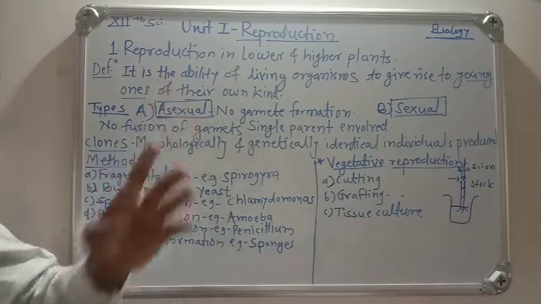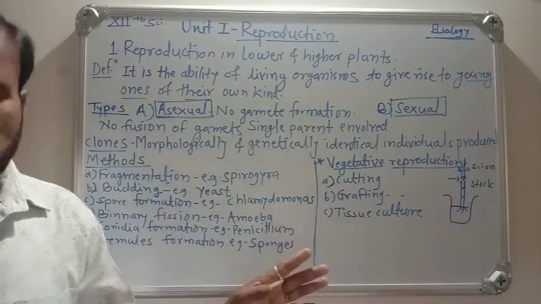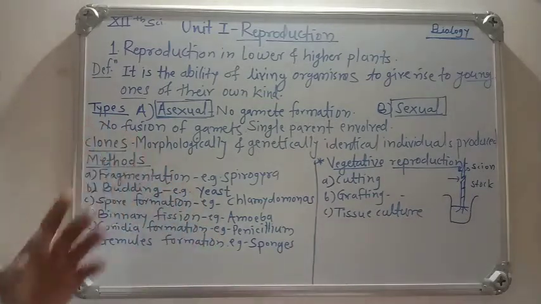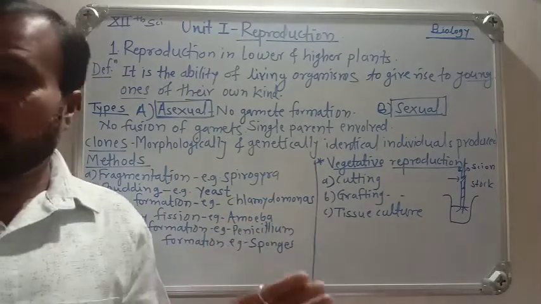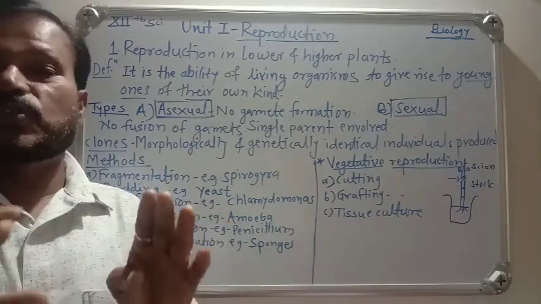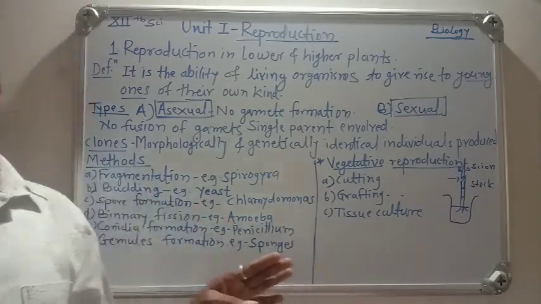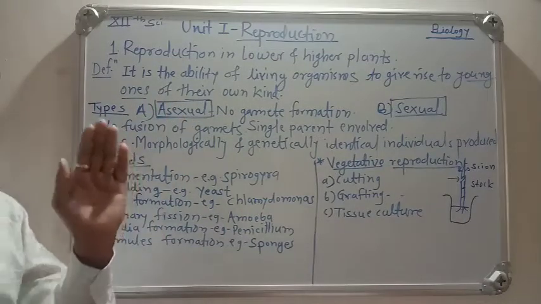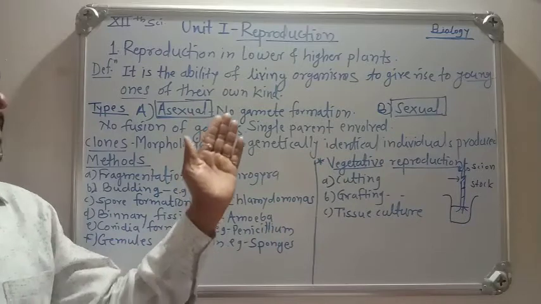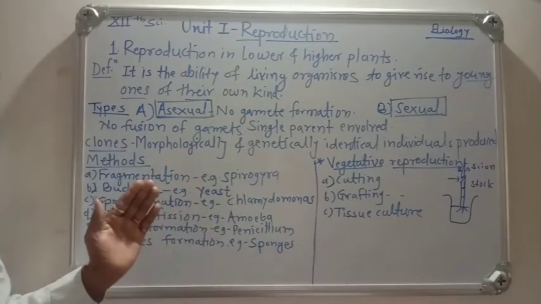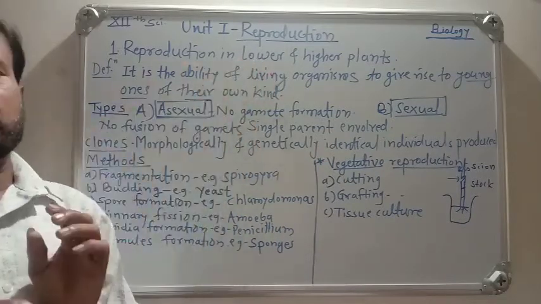There is no gamete formation, no fusion of gametes, no formation of sex cells, and no process of meiosis takes place. And the asexual method is very rapid, quick. So the plants follow this method, particularly lower plants.